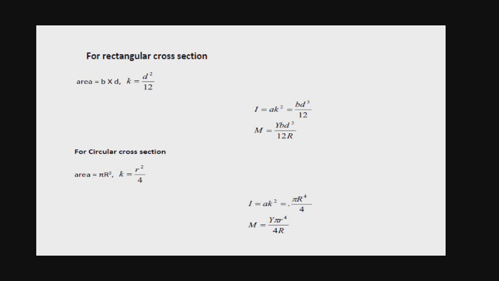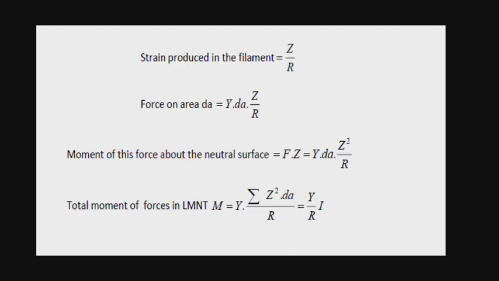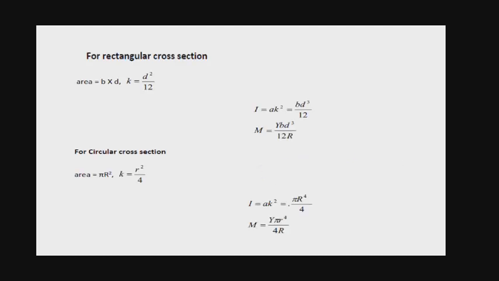This is for an 8 marks question. You have to write for rectangular cross section and for circular cross section. If it is asked for 5 marks, you only derive up to y divided by r into I.